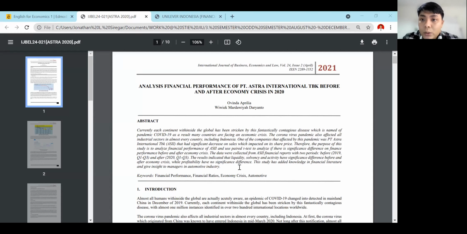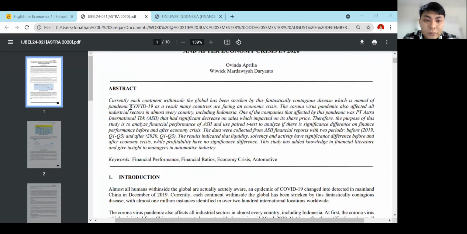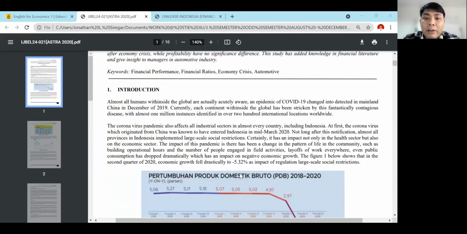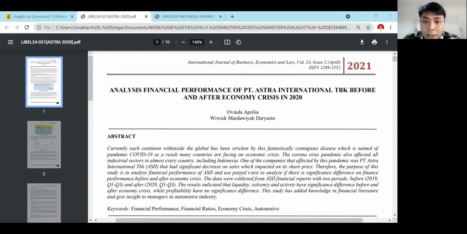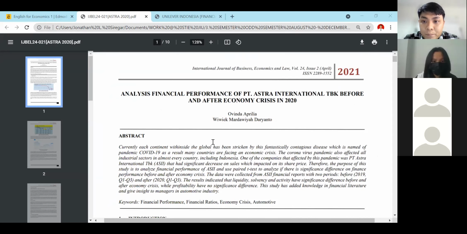Now, one thing to understand the article, you can see from the abstract first. An abstract means like an executive summary. And again, they are using financial performance, or we can specifically discuss the financial ratios, and then we will see what financial ratios they use. These researchers are called Ovinda and Wiwik.